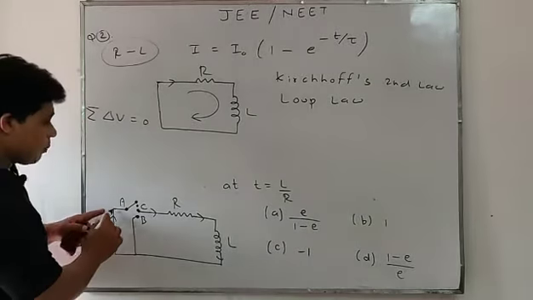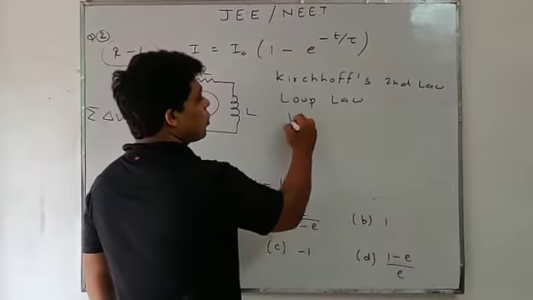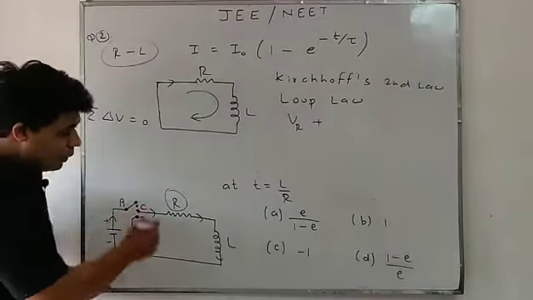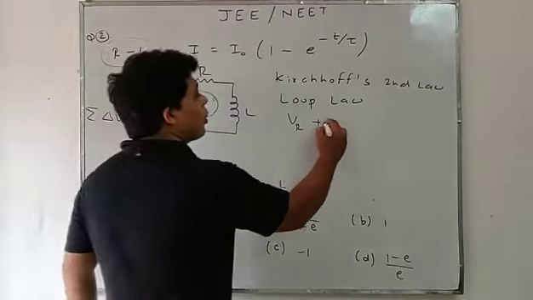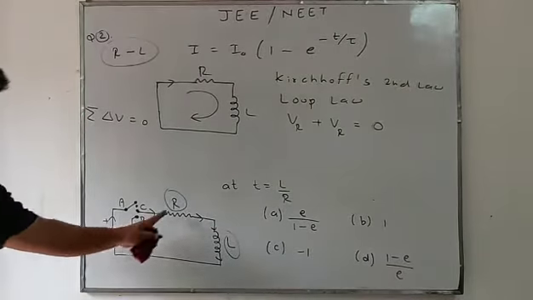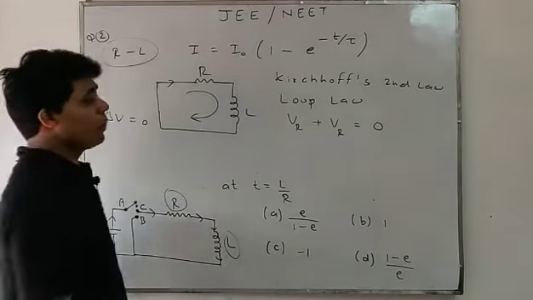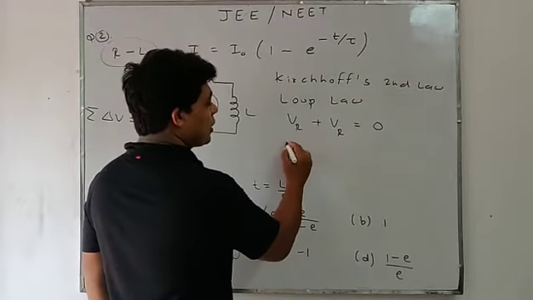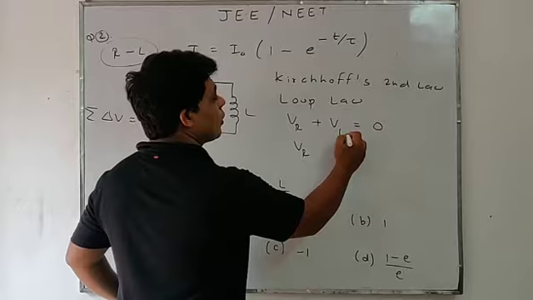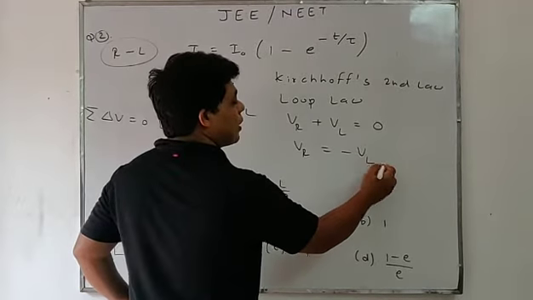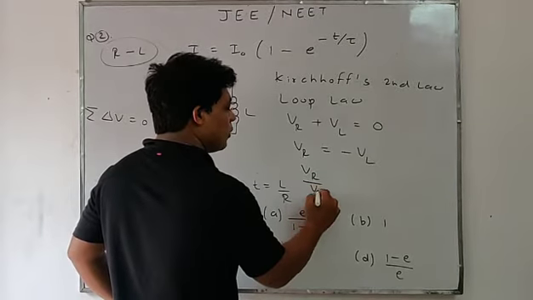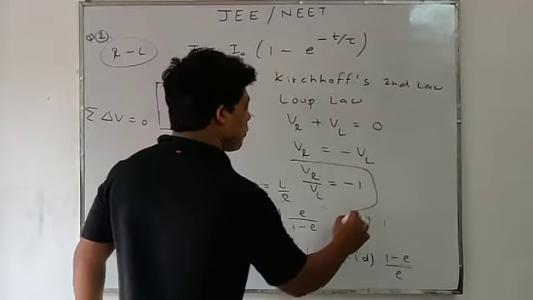Now students, when you start with the positive terminal, R will come, its potential is VR. What is the meaning of VR? Potential due to resistance, and then the inductor will come, meaning potential due to the inductor, and their potential difference should be 0 over a closed circuit, ending again at the negative terminal. As per Ohm's law we can write this as, look at students, VR plus VL equals 0. Transferring VL to that side, VR equals minus VL, and VR by VL should be minus 1.